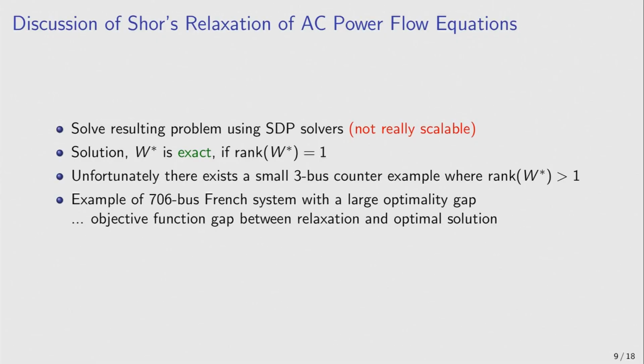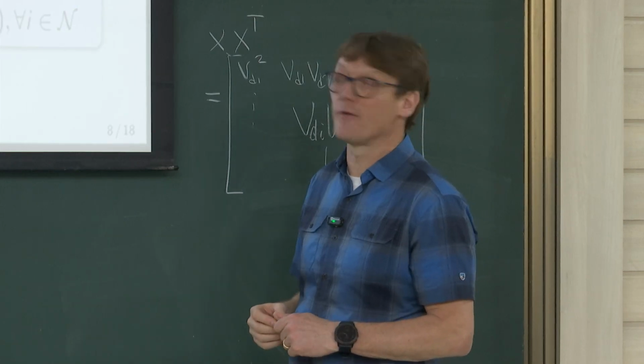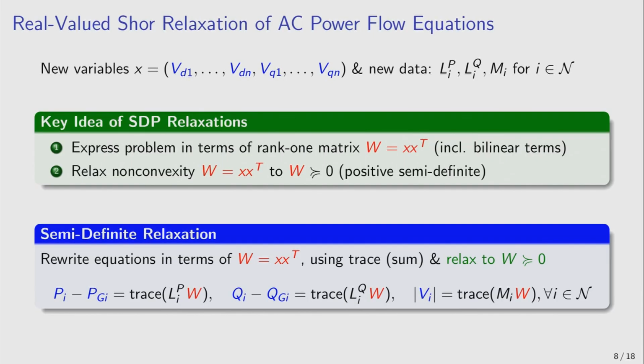Okay, so this is really cool because now you have a set of constraints that are all linear. So all my constraints here are linear because trace is a linear operator. Everything in this equation is linear. The remainder of the equations that I showed you also were linear, so everything is now linearized in the optimal power flow equations. And the only thing that you have to worry about is the semi-definite constraint.